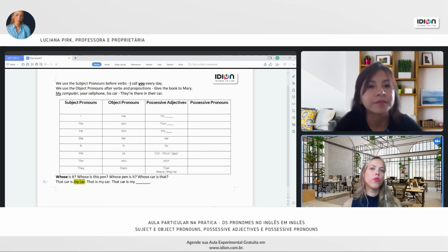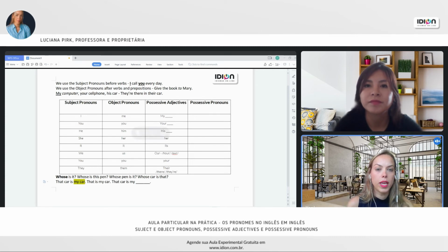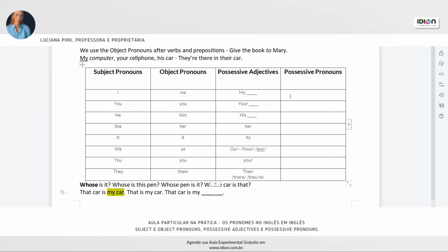And we have a different way to say the possessive. In this case, the possessive pronouns can be used at the end of the sentence or in other places. So, do you know the possessive pronouns? My, mine. Your, yours. His is his.